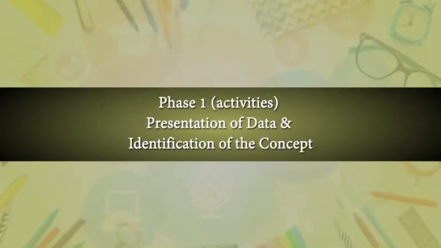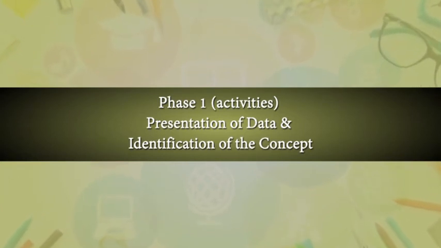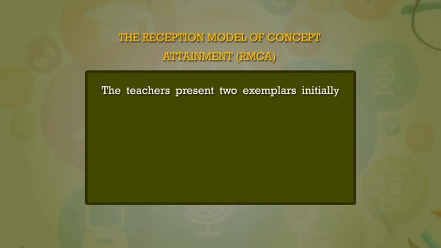Phase 1 activities: presentation of data and identification of the concept. The syntax of the reception model of concept attainment is as follows: the teacher presents 2 exemplars initially labeled as yes or no in a pre-arranged order.